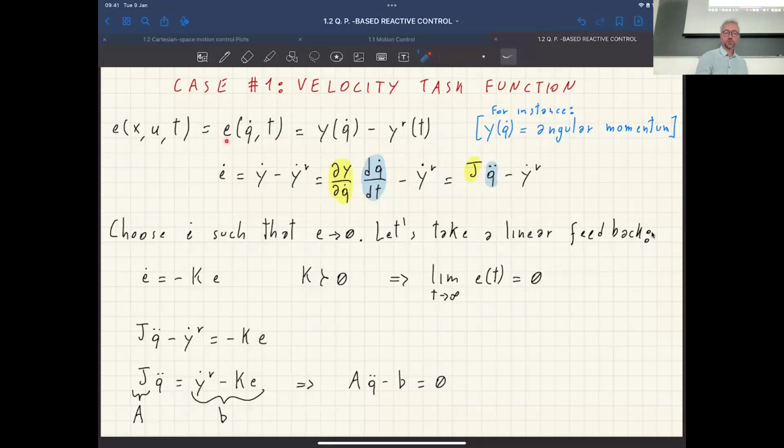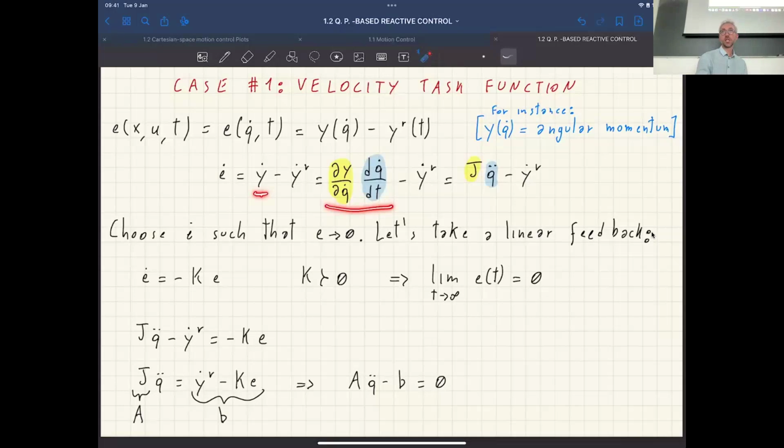So what I can do to impose some dynamics of E is to compute the time derivative of E. So I get E dot equal to y dot minus y dot reference. I'm simply taking the time derivative of this. And then, since I want to express this as a function of q double dot, which is my decision variable of the problem, I can express y dot in this form here.